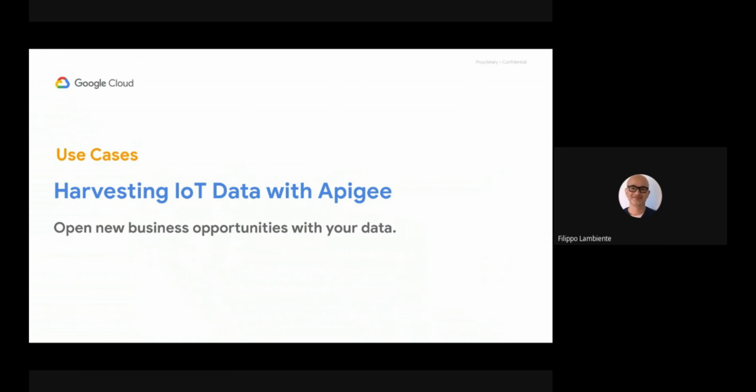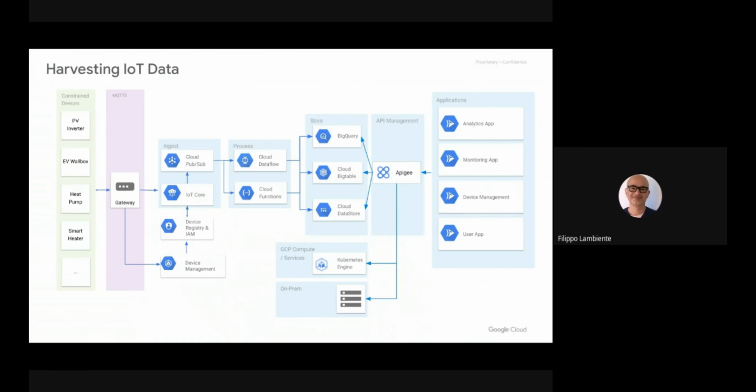Another sector is everything related to IoT. We mentioned at the beginning the digital twin, and manufacturers adding new digital services on top of their physical products. IoT is another complementary technology that Apigee works with in order to create new products and services.